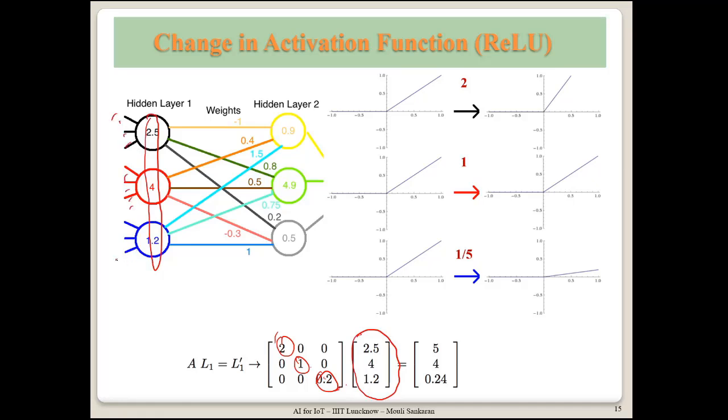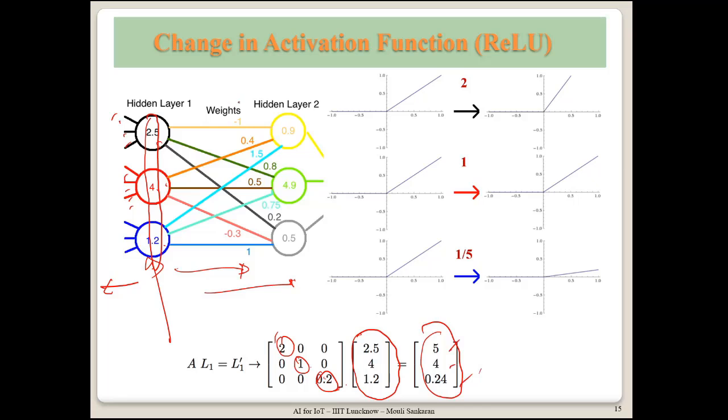These values remain the same because I assume there is no change on this side, but only here I am changing the activation function at the node level. Then I am going to transfer that change across everything because now the output is going to be different. What is coming out of them is no longer 2.5, 4 and 1.2. It's going to be 5, 4 and 0.24.